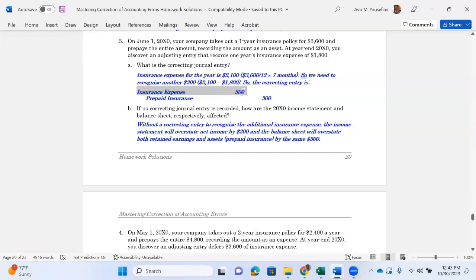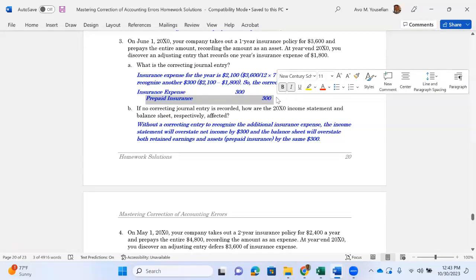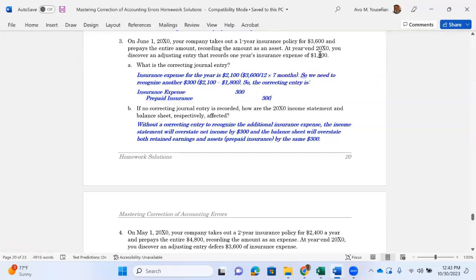That's a debit. And we reduce the prepaid insurance by $300. So now insurance expense is good because someone did $1,800 and you add another $300 and that equals $2,100. That's what it's supposed to be. Now the question is, how about if you don't do it?